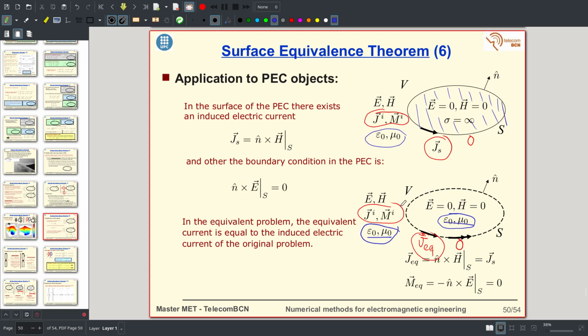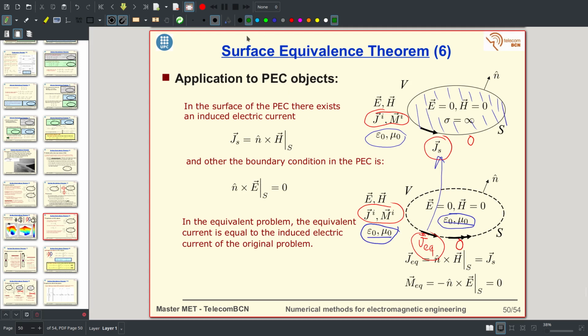So we compute the radiation of the sources. In the equivalent problem, we compute the radiation of all the sources in free space. And the equivalent current is equal to the induced current. So it is as is.